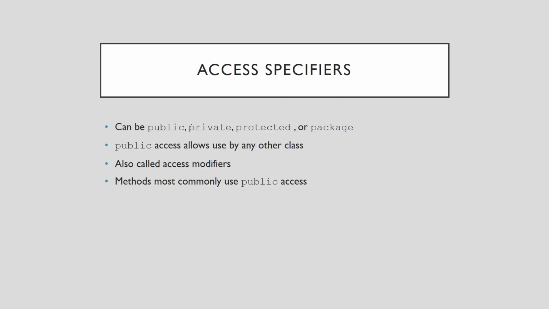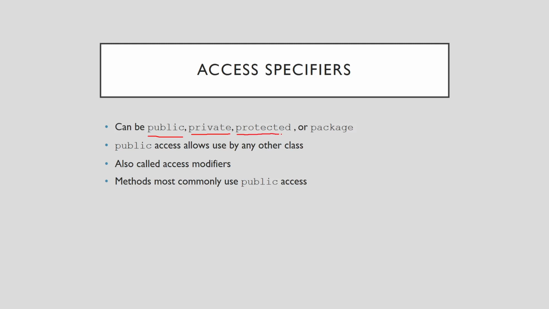Now we have the access specifiers: public, private, protected, or package. With the public access specifier, that member of the class is accessible outside the class. If it is declared as private, it is private within the class, meaning the member of the class can only be used within the class.